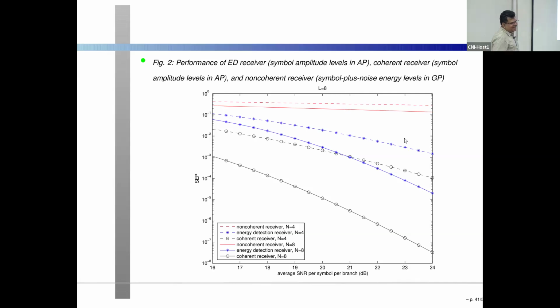It's n by 7, the diversity order. It's not good. But I put this, otherwise the coherent values would be very low. If you put L equal to 4, it will be much lower, because if you increase the number of levels, the performance also degrades, that we know.